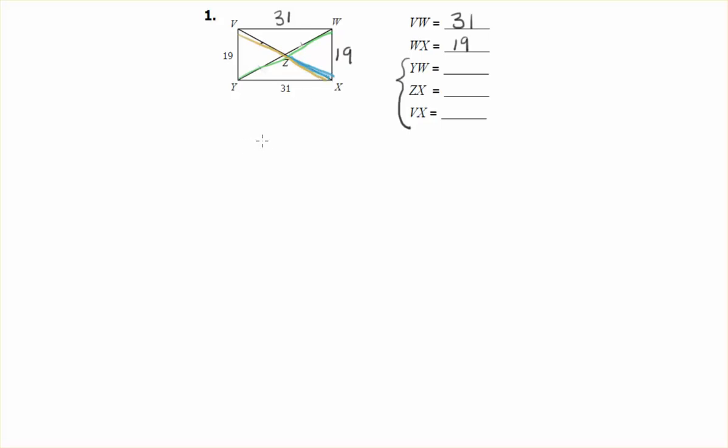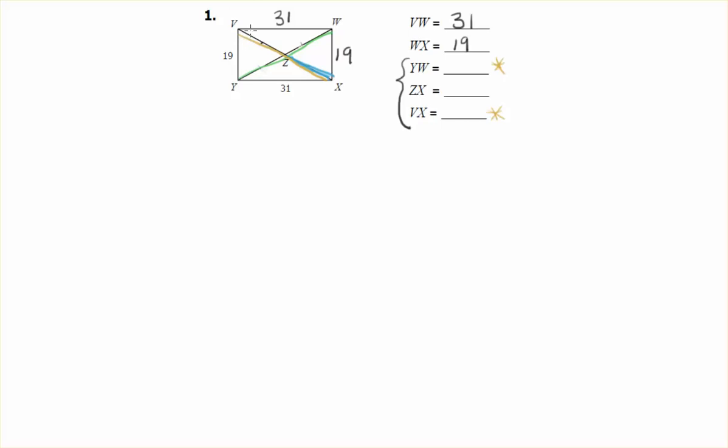One of the new properties of a rectangle is that the diagonals are congruent to each other. So whatever we get for WY and for VX, those should be the same numbers because they're both a diagonal. Now what we have to figure out is how we can get to those diagonals.